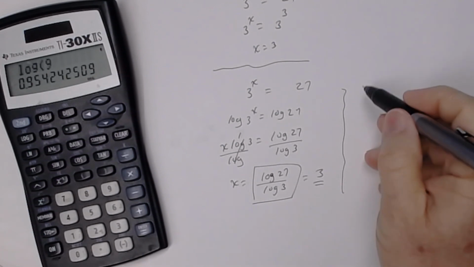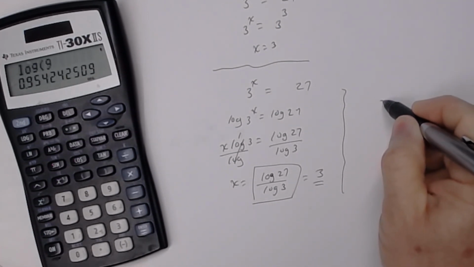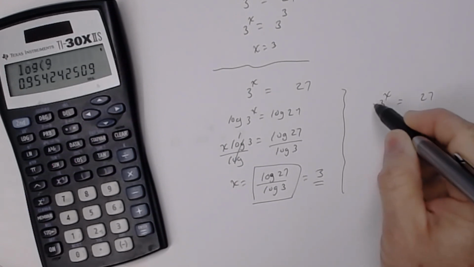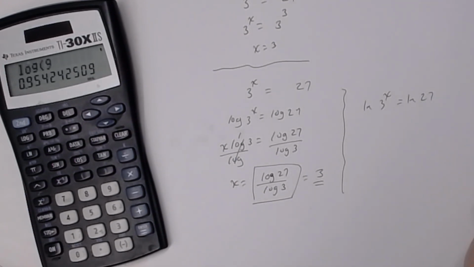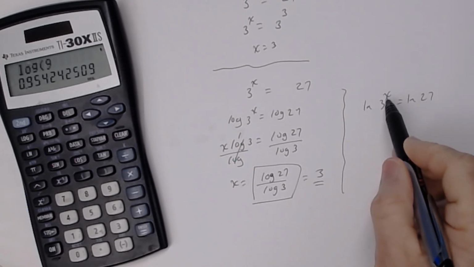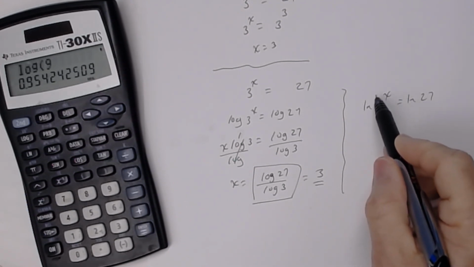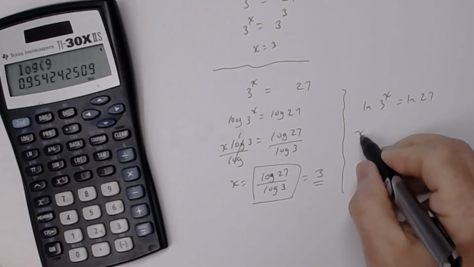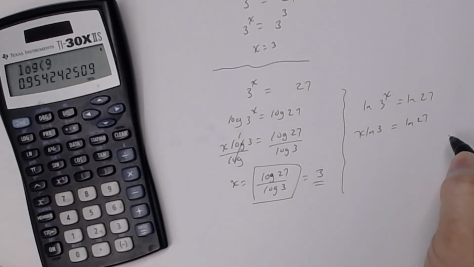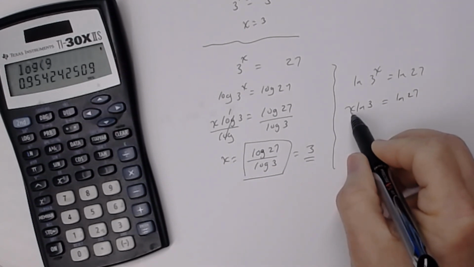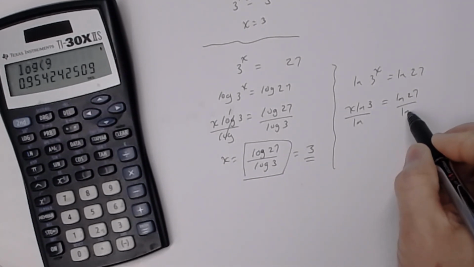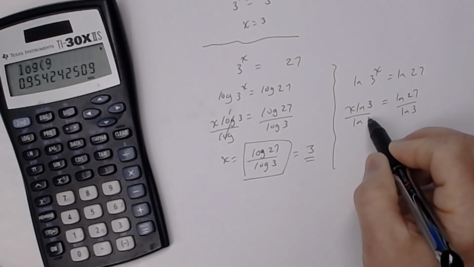So what we could have done is, instead of taking the log of both sides, I could have taken the natural log of both sides, just like this. And then using the power rule, I can rewrite this as x times the natural log of 3 equals the natural log of 27. And then to get x by itself, I'm going to divide both sides by the natural log of 3.